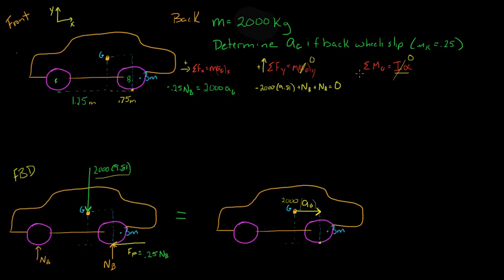And now let's take the sum of the moments about point G. Point G is the center point, and the only force that has no moment about it is the weight, because the force of weight goes right through the center of mass.